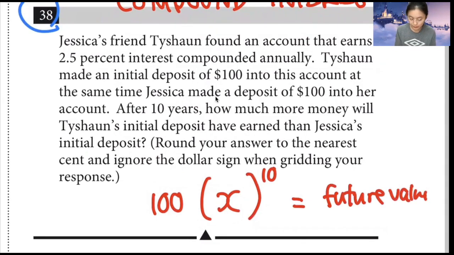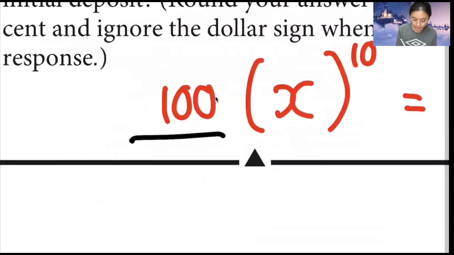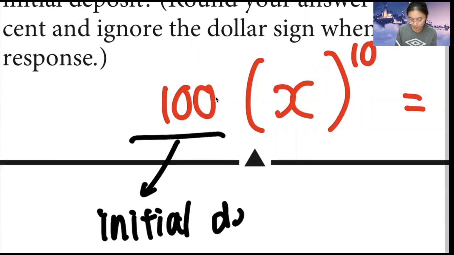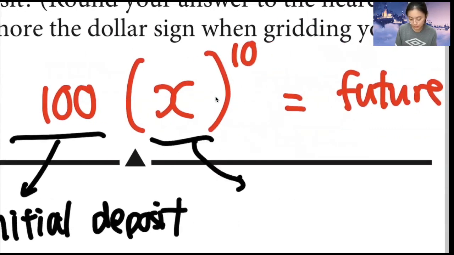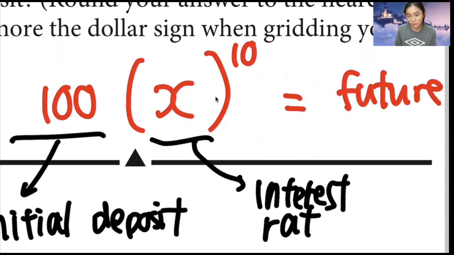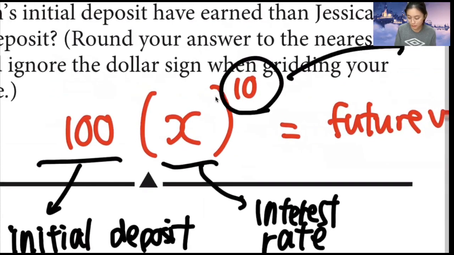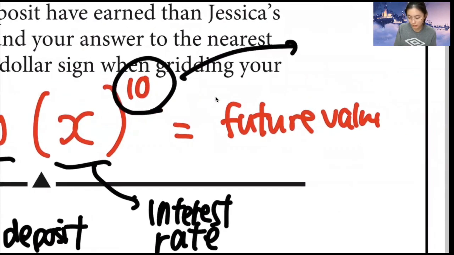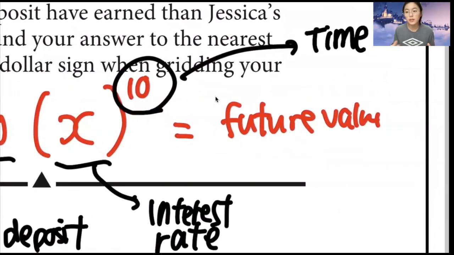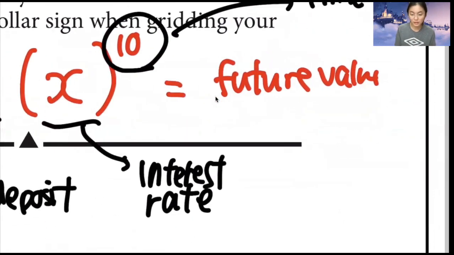So let me label the rest. That needs to be the initial deposit. That's going to be the interest rate. That's going to be the time, number of years, number of months, and that's going to be the future value.